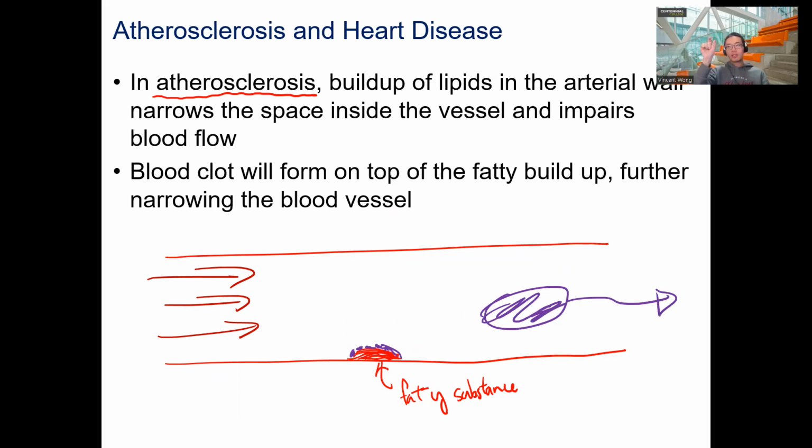If it goes on to an arteriole and then to a capillary, because capillaries are really small, and even the arterioles are smaller than the arteries, this blood clot can get stuck in one of the smaller vessels and completely cut off blood supply to whatever body part it supplies. We call that an embolism, and that could cause a part of the body to basically die off because it doesn't get enough oxygen supply.